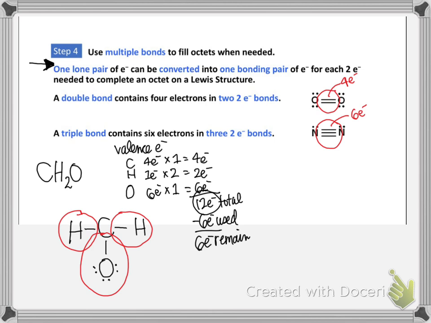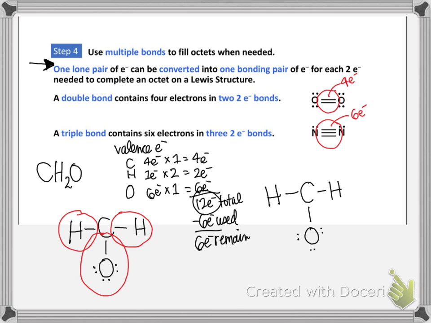Okay, and I'm going to rewrite this over here so I can keep going. So when I added 6 to this oxygen down here, I used all the electrons.